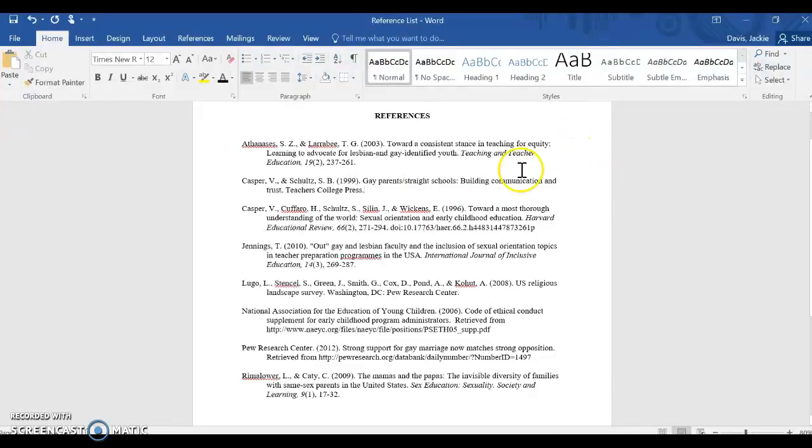The next thing in your citation is going to be the name of the article. There are a couple of things that I want you to notice within the name of the article. The first thing is that the only letters that are capitalized within the title of the article is the first letter of the article, and then any other words that might be a proper noun.